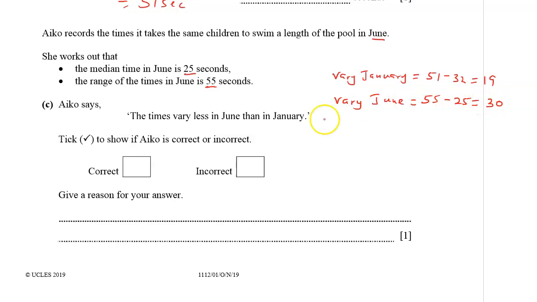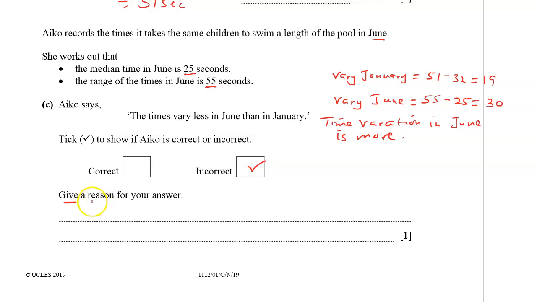And therefore, you notice that the time variation in June is more, right? And therefore, Aiko is incorrect. Give a reason for your answer.